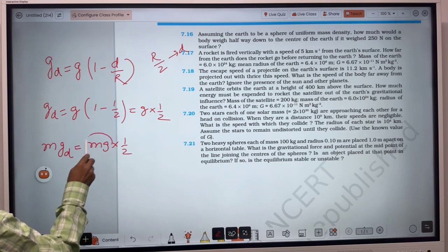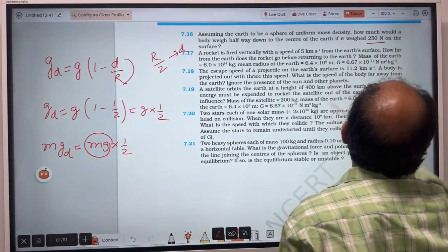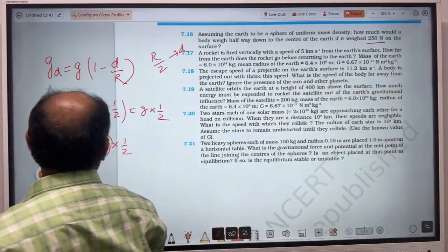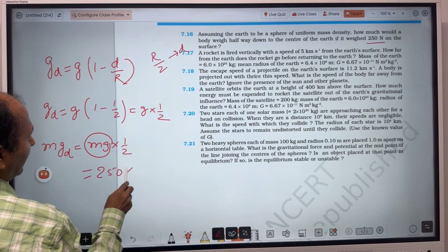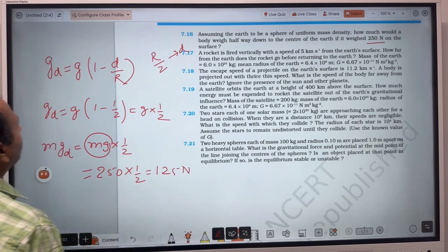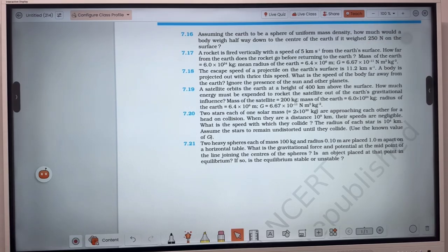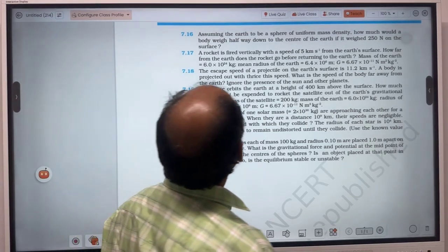In our question mg is 250 Newton, so 250 multiplied by 1 by 2, that is 125 Newton. Is the question clear? Let's go to the next question.